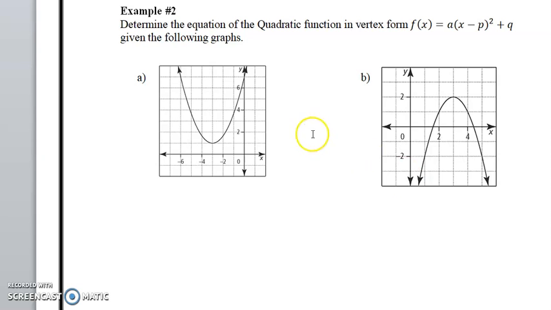So remember, what you need to do is you need to have the vertex, which we know because it's in vertex form. You can see that clearly the vertex is at -3 and 1.